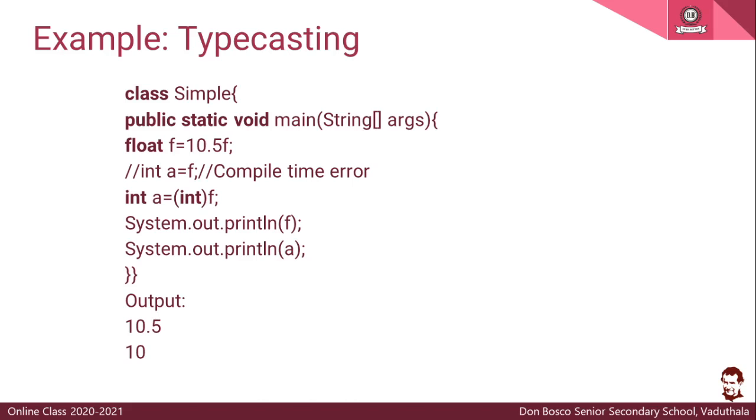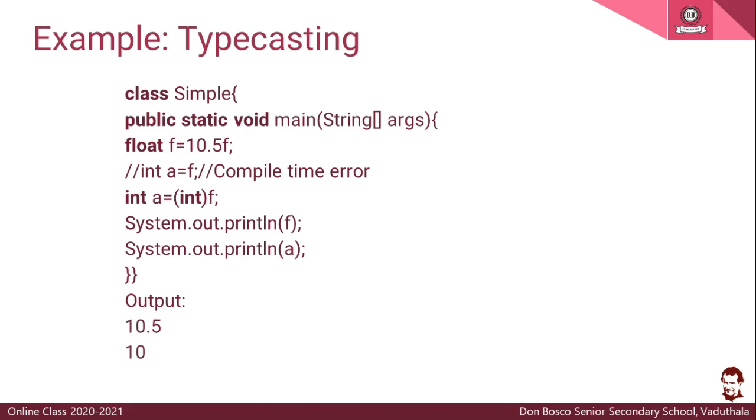What is the meaning? f is a float variable, and in front of it, if you are using int within brackets, what will happen? Automatically it will convert into integer format. That means the float data type will convert into integer. So forcefully the user can convert one type into another.